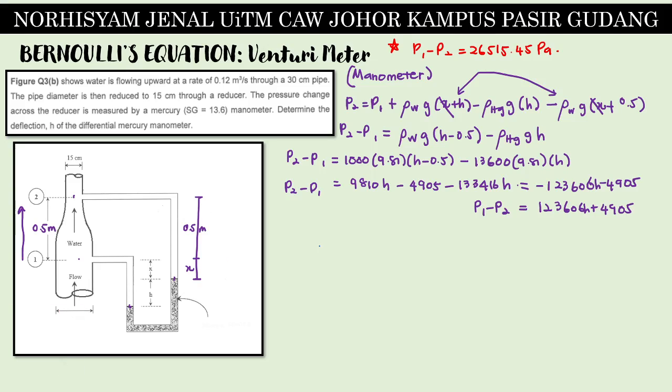So we compare both numbers. So we'll get 26515 equals to 123606H plus 4905. So H will be equal to 0.1748 meter.